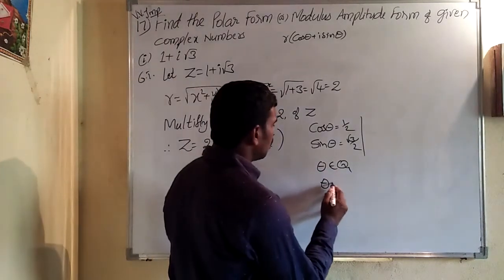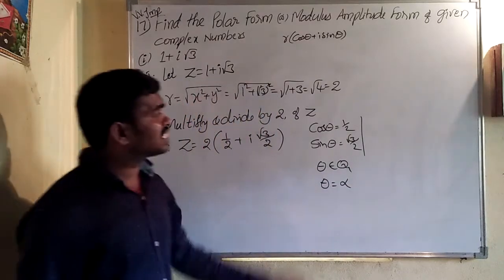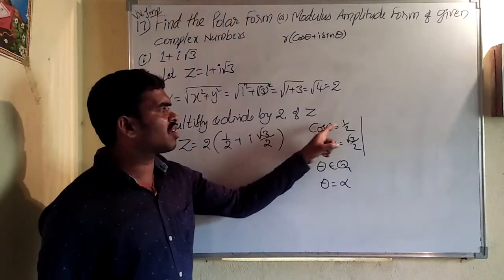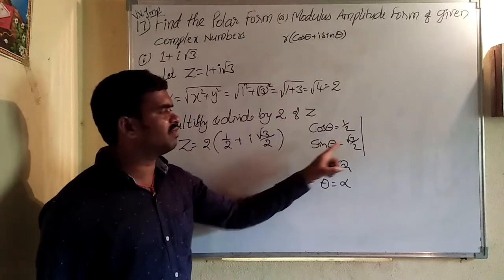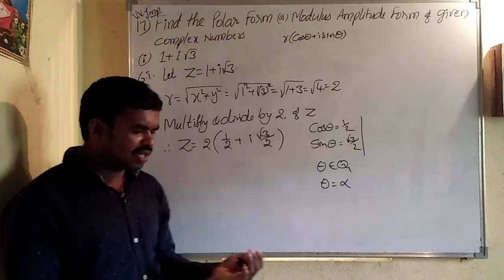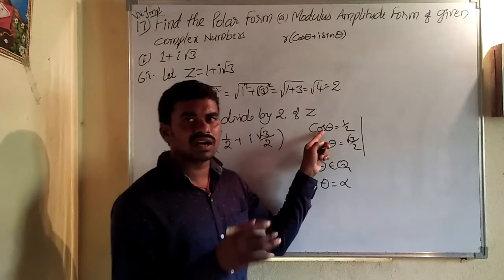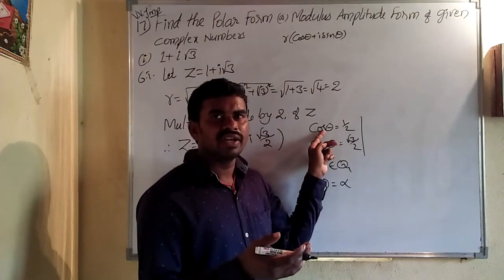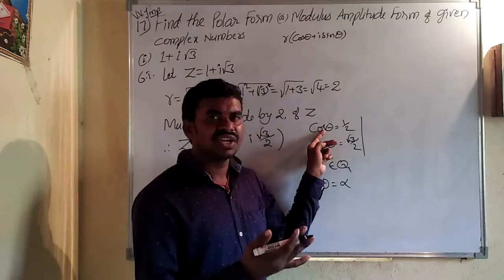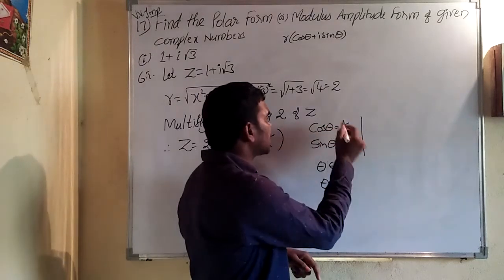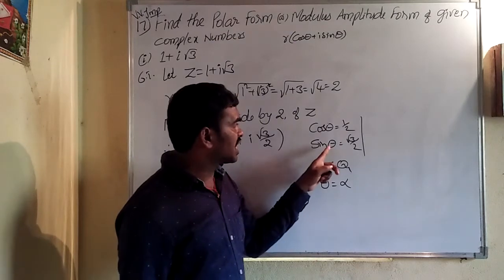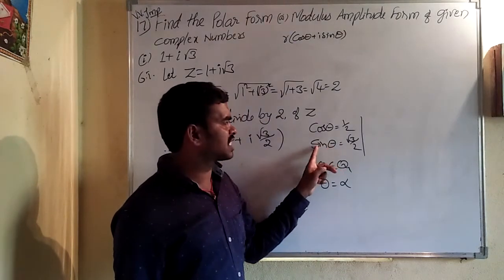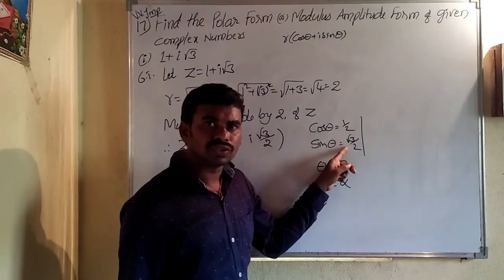So theta equals alpha. What is the angle whenever cos value is 1 by 2 and at the same time sin value is root 3 by 2? Check it. Cos 30 is root 3 by 2, cos 45 is 1 by root 2, cos 60 is 1 by 2. So at 60 degrees it is 1 by 2. Check whether sin 60 is root 3 by 2.